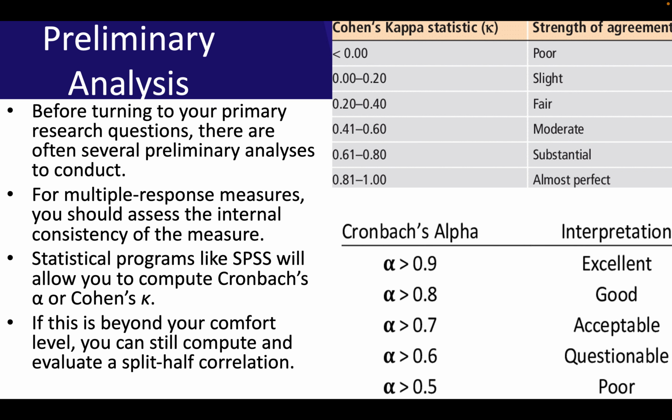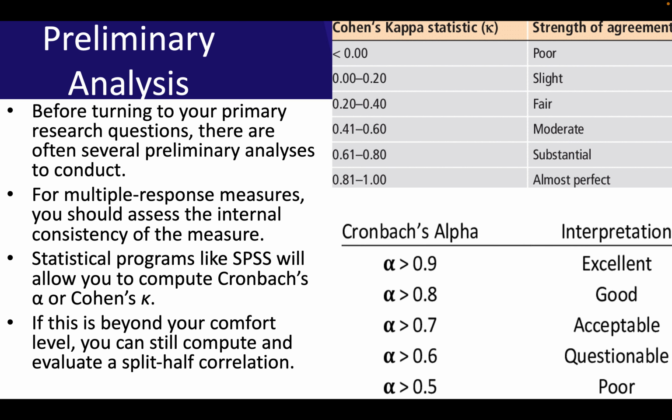Before turning to your primary research questions, there are often several preliminary analyses to conduct. For multiple response measures, you should assess the internal consistency of the measure. Statistically, programs like SPSS will allow you to compute Cronbach's alpha or Cohen's kappa.